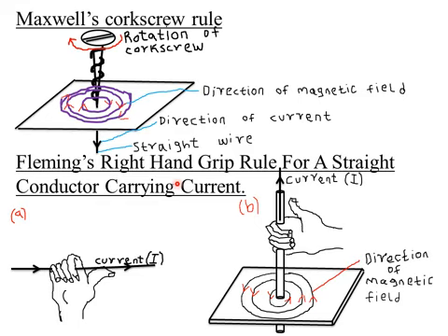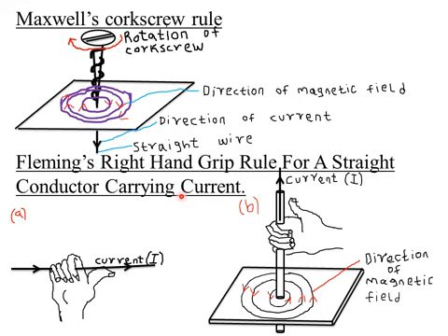Now, Fleming's right hand grip rule for a straight conductor carrying current states that if a conductor carrying current is grasped in the right hand with the thumb pointing along the wire in the direction of the conventional current, the fingers will point in the direction of the magnetic field.